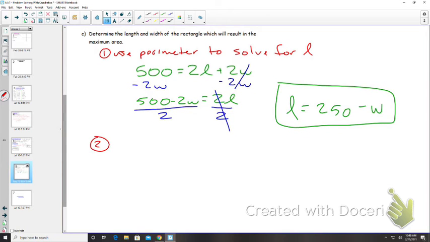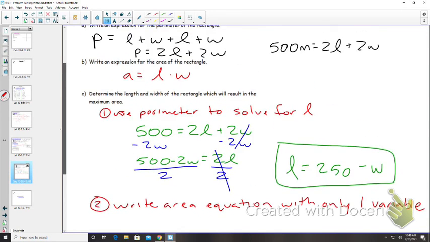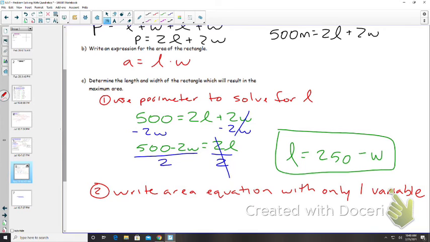Step 2 is write area equation with only one variable. Okay, so area is length times width.